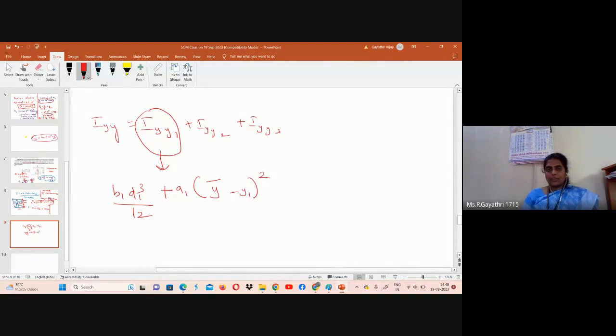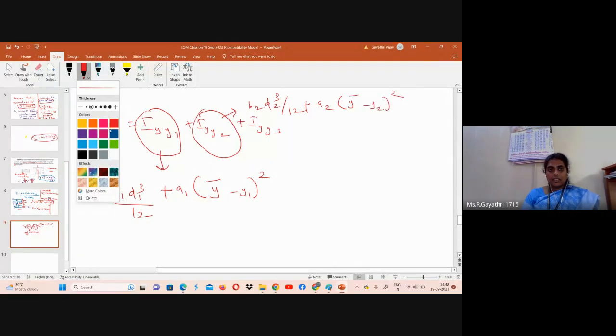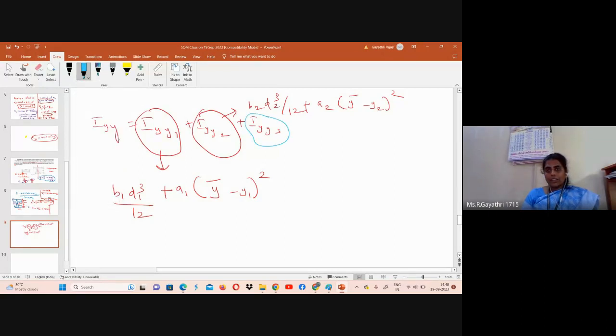whole square. Okay, for IYY2, B2 D2 cube by 12 plus A2 y bar minus y2 the whole square. Okay, for IYY3, B3 D3 cube by 12 plus A3 of y3 is bigger value, y3 minus y bar the whole square.